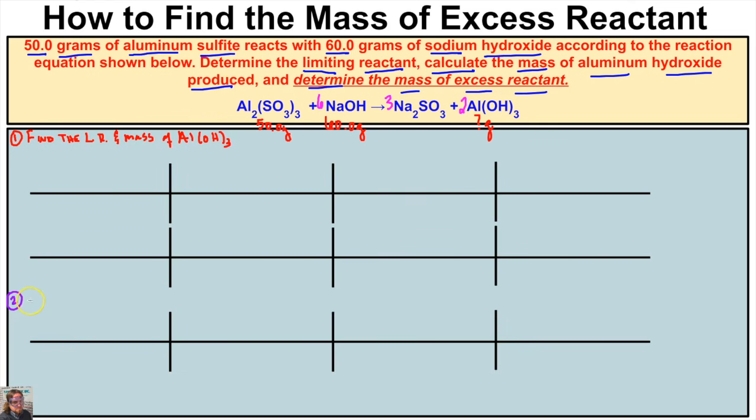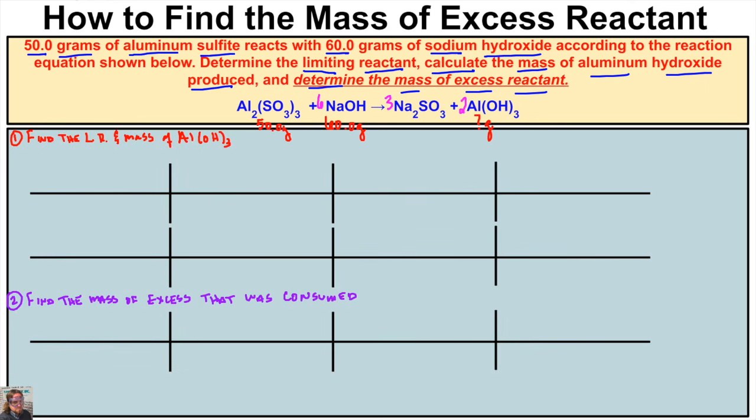So in step two here, what we're going to do is we are going to find the mass of excess reactant that was consumed during the chemical reaction. So that's what we're going to do in step two.